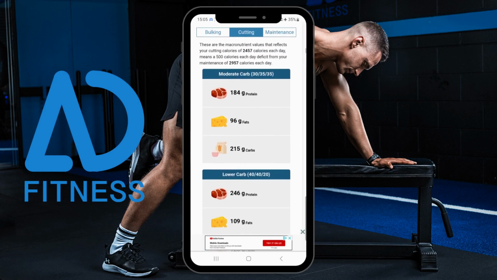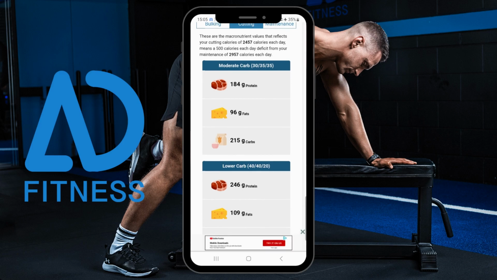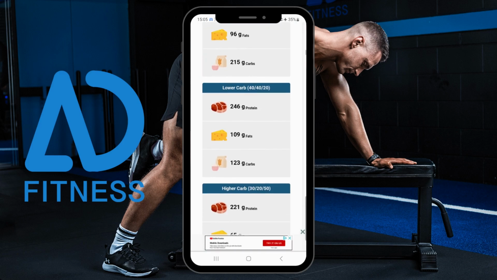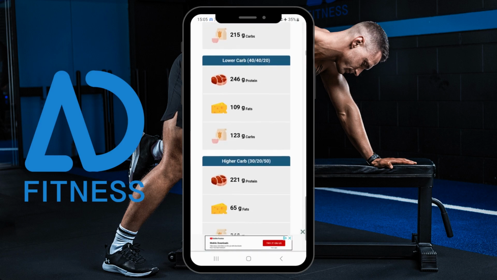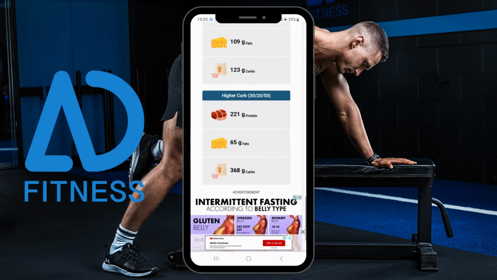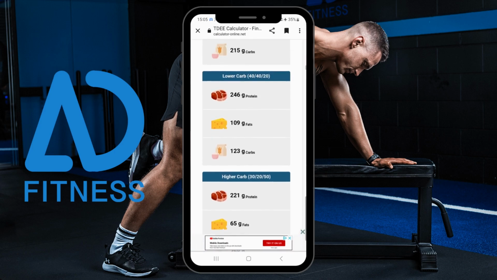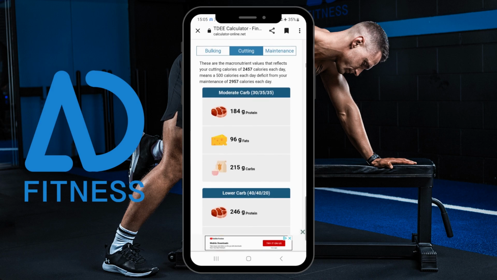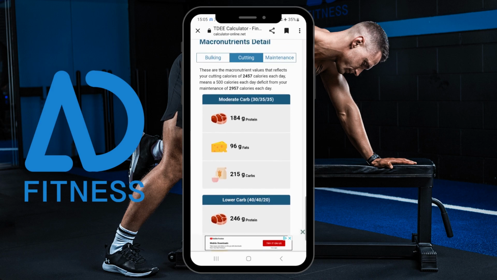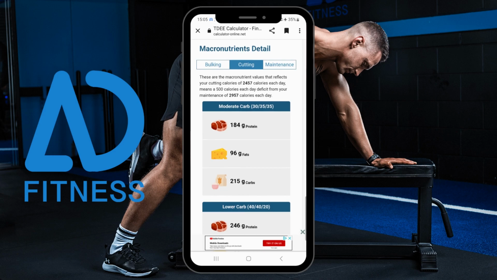If I like to eat a normal amount of carbs, then the first one will be my target. If I like a low carb diet, then the second one will be my target. And if I like a really high carb diet, then the last one will be my target. This will be your baseline goals: 184 grams of protein, 96 grams of fat, and 215 grams of carbs.